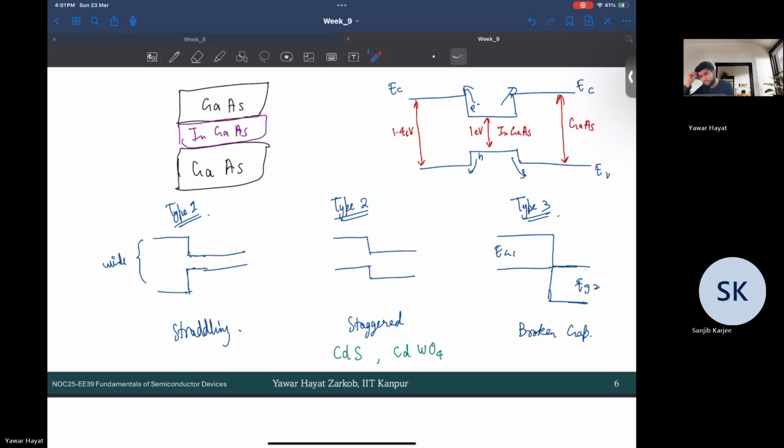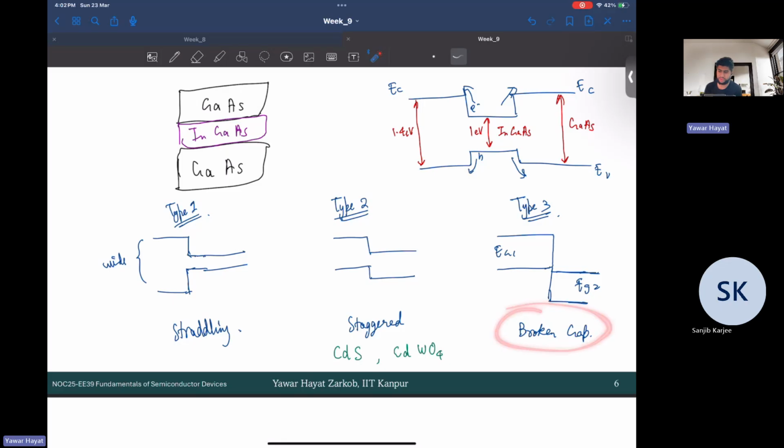I think I have drawn it a little wrong. The thing is, the conduction band of this comes even below this.